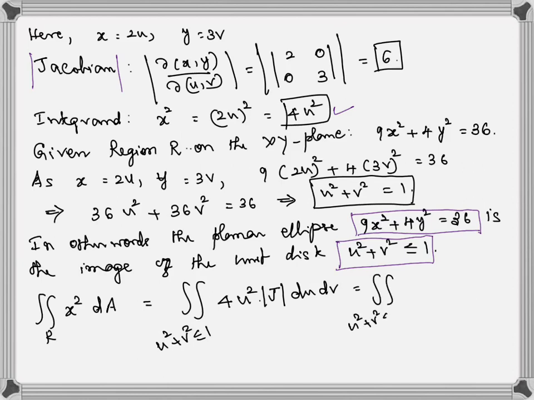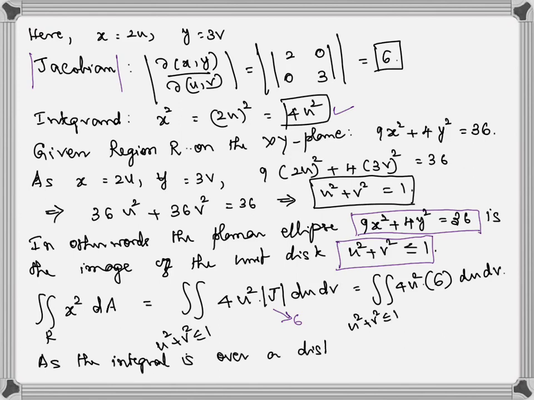So the double integral over u squared plus v squared less than or equal to 1 of 4u squared, the Jacobian is 6 that we found out, du dv. So taking the constant out, as the integral is over the disk, we can apply polar coordinates.